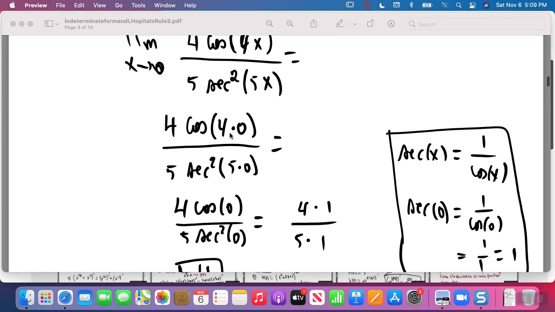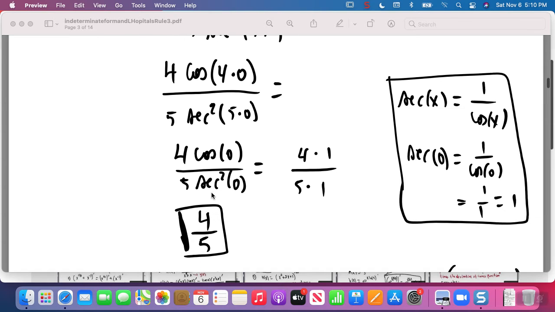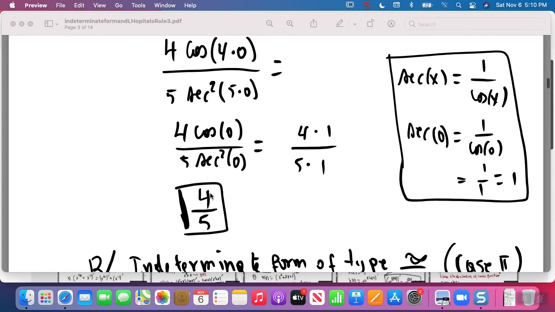So cosine of 0 is 1, times 4 gives us 4, and secant of 0 is 1, and 1 squared is 1, times 5 gives us 5. So we end up with the answer 4/5.